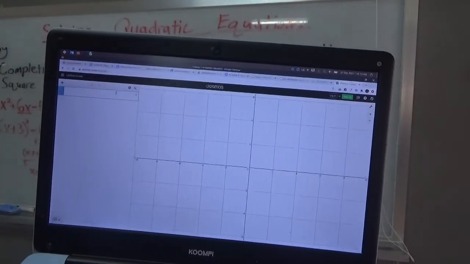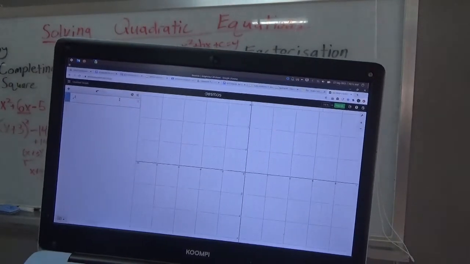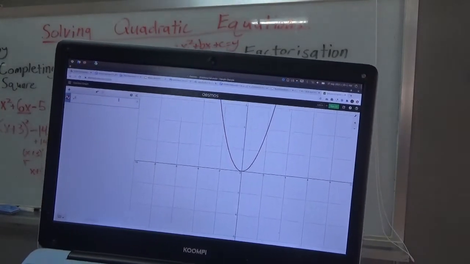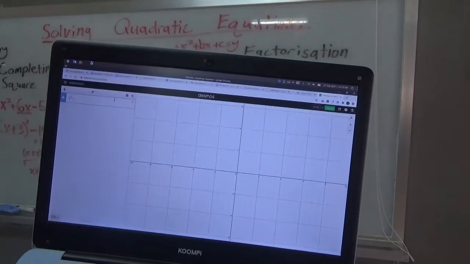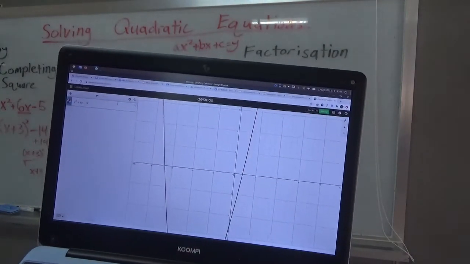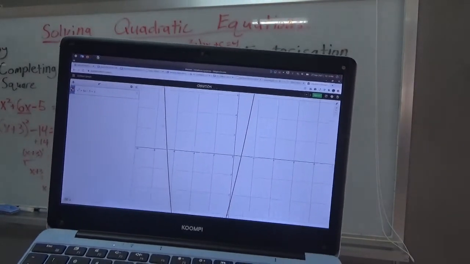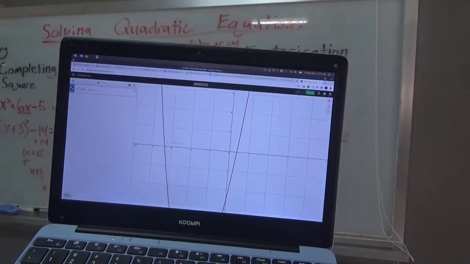So Desmos, let's put in our equation. We have x squared plus 6x minus 5, and we're going to say that's equal to y. So we're going to look at the places where y is equal to 0.